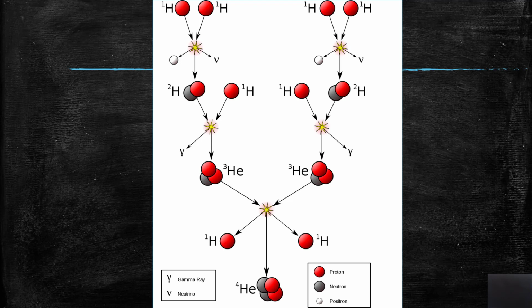I'm not an expert on the Big Bang, but what we do know is that in stars, which are where nuclear fusion takes place, hydrogen can come together and then come together again, and eventually through this process of fusion, which is somewhat complex. So once again, I'm not going to make you draw this or anything, but I would like you to know that these elements are formed in stars through the process of nuclear fusion.